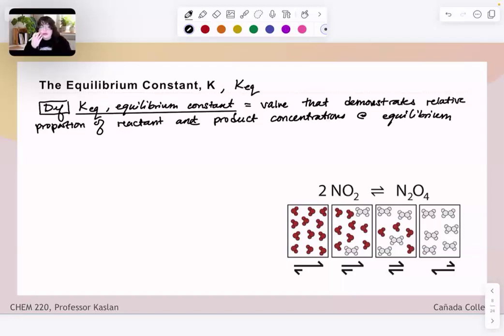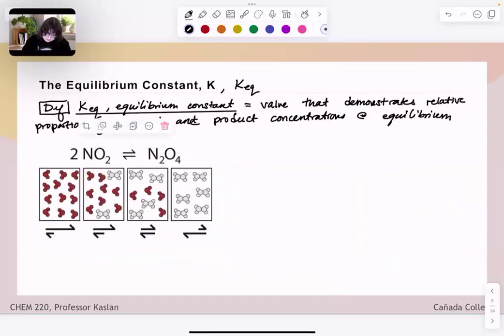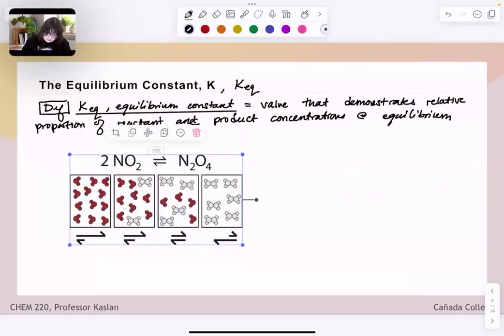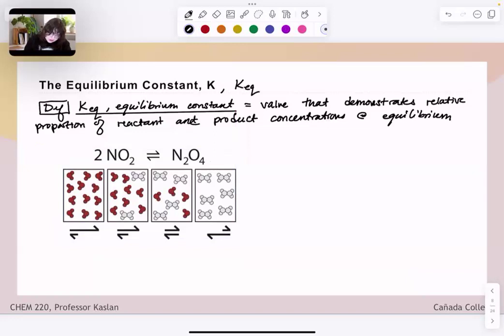So here's what I'm going to do. I'm going to look at this reaction as an example, and then I will give you a very general definition of an equilibrium constant. So if we're talking about an equilibrium constant, we have to be in a state of equilibrium. So let's look at this diagram and identify which of our four boxes shows us existing in a state of equilibrium.